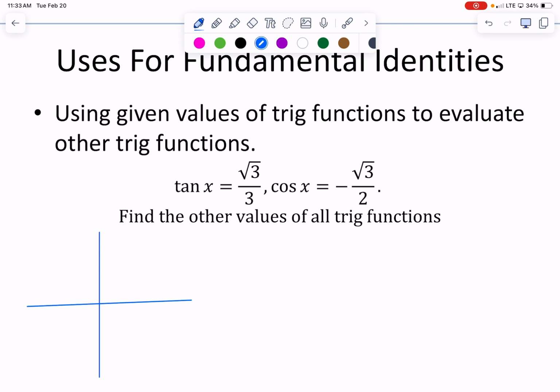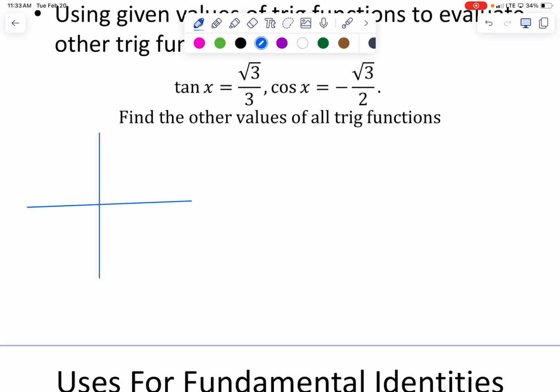The third one, because tangent has to be positive. That's going to happen in the first and the third. And then we want cosine to be negative, so that's definitely the third quadrant. Okay, so I'm drawing just my generic triangle.